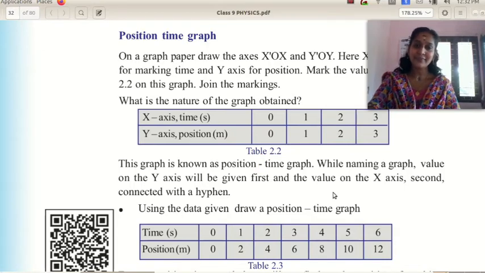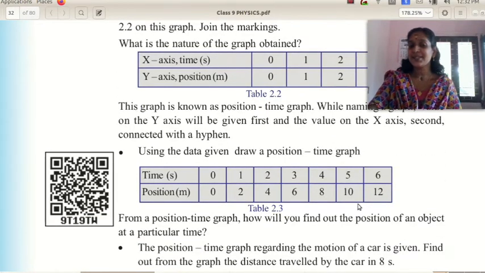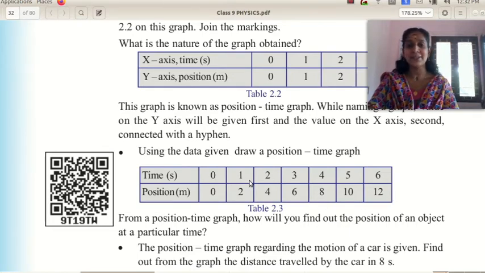Okay. Yes. Next we are going to draw another graph using the data given here. Time is taken in x-axis. We can take time in x-axis and position in y-axis. Okay. Here the time is increasing from 0, 1, 2, 3, 4, 5, 6 like that, and position is increasing from 0 to 4, 6.